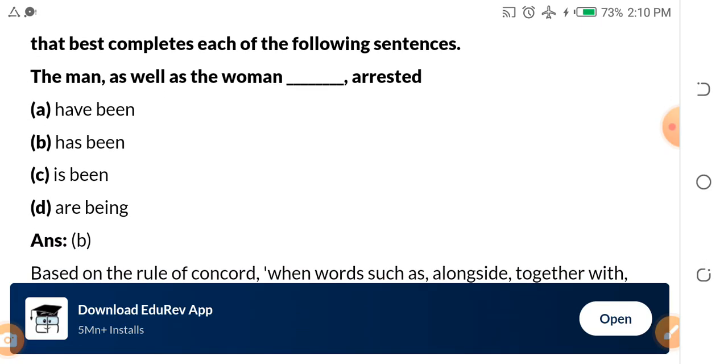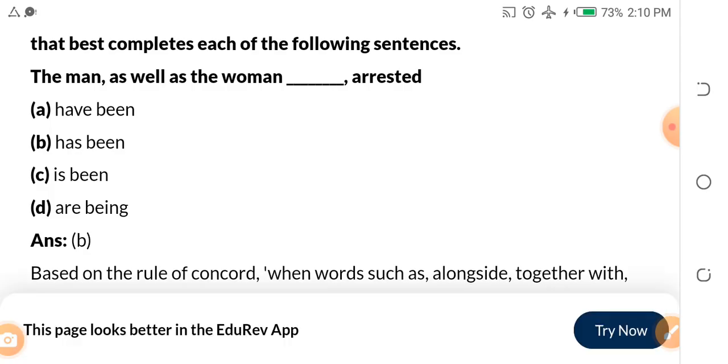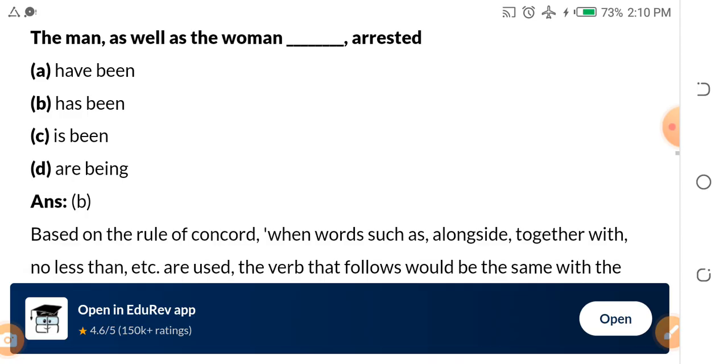This one is about Concord, agreement of words. A, have been arrested. B, has been arrested. C, is being arrested. D, are being arrested. The answer is B, has been arrested. The man as well as the woman has been arrested.